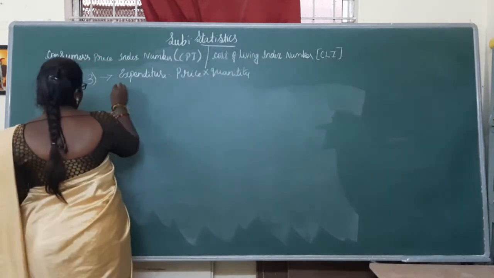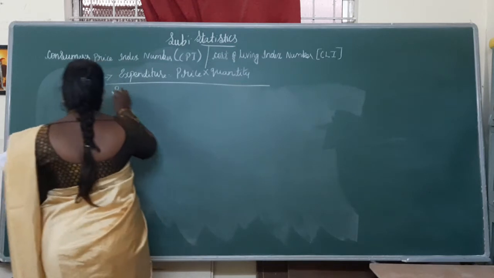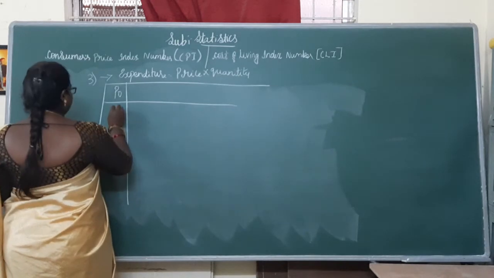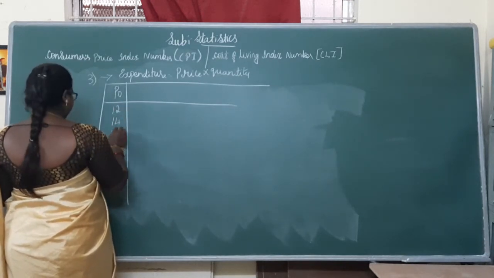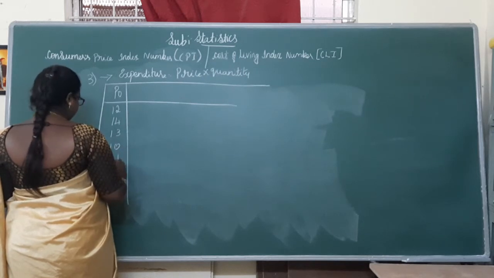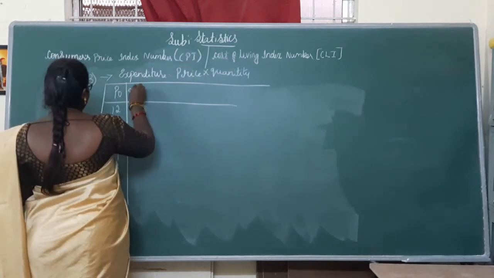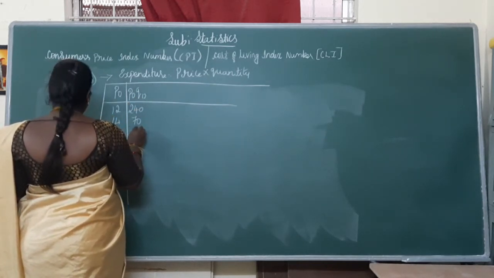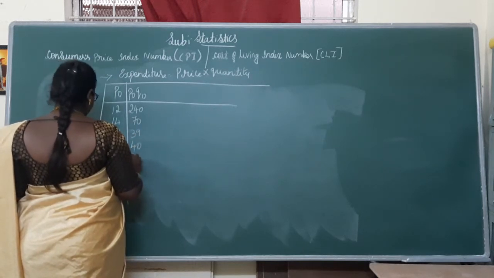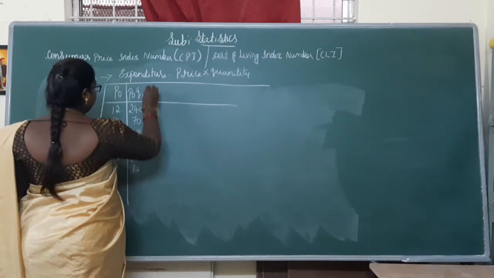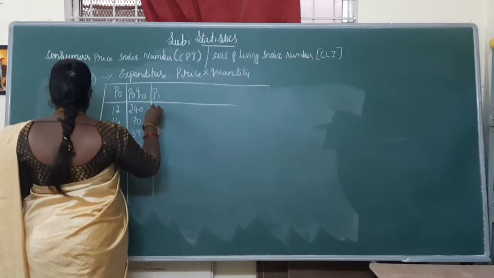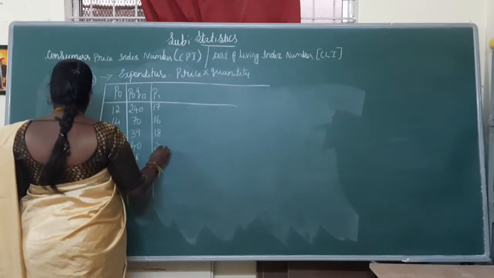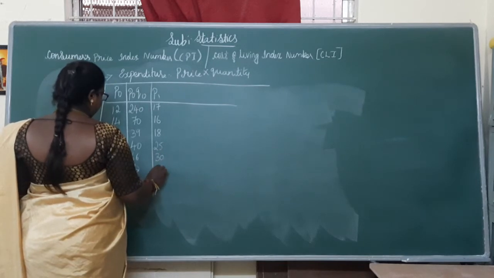So I have here P0: 12, 14, 13, 10, 11, 8. Next I have P0 Q0: 240, 70, 39, 40, 66, 72. Then I have my P1, that is 17, 16, 18, 25, 30, again 25.